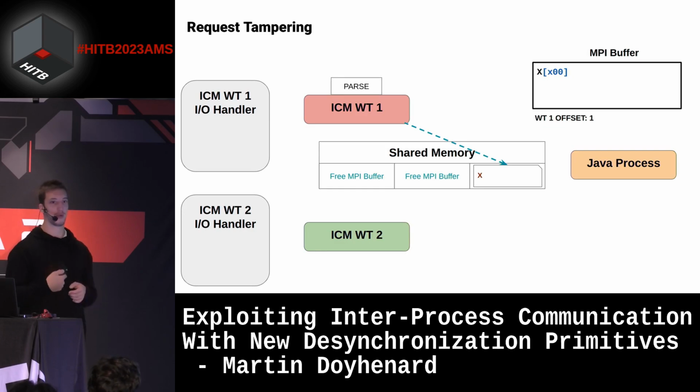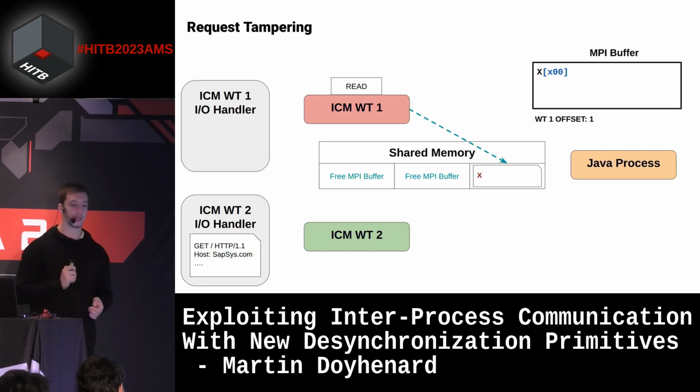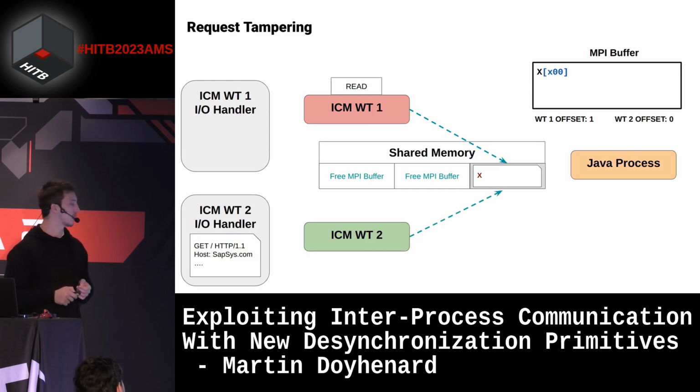Now, when the worker thread tries to resolve the next request, it will see that it's not possible because the request is not completed, as we saw in the previous examples. So it will be set into read mode, and it will wait for more data coming from this connection. But at that moment, we can say that the worker thread 2, which is another client, maybe a victim, receives a request from the victim, and so it will try to reserve a new MPI buffer.